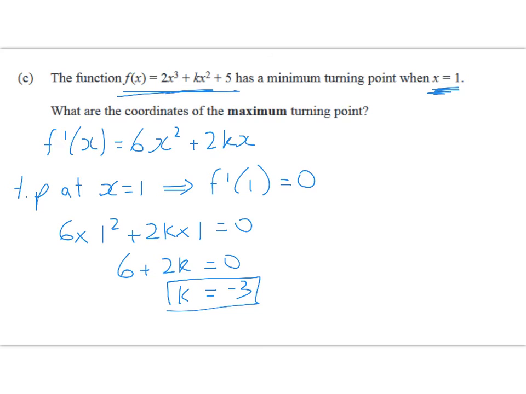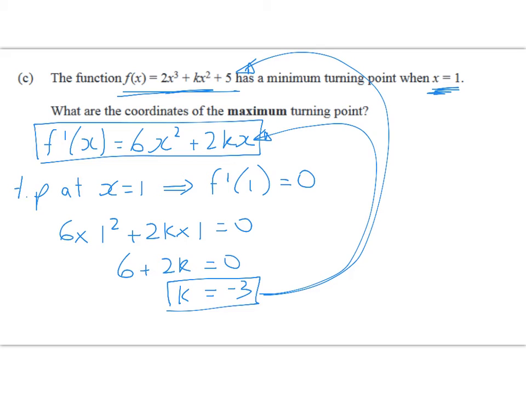Okay, now that means that I can put k back into here, or I could put it back into here. Either will work. Slightly less work to put it back into here, so we'll do that first on the next slide. Okay, so we had this before. f dash of x is equal to 6x squared plus 2kx. But now we know that k is equal to negative 3.